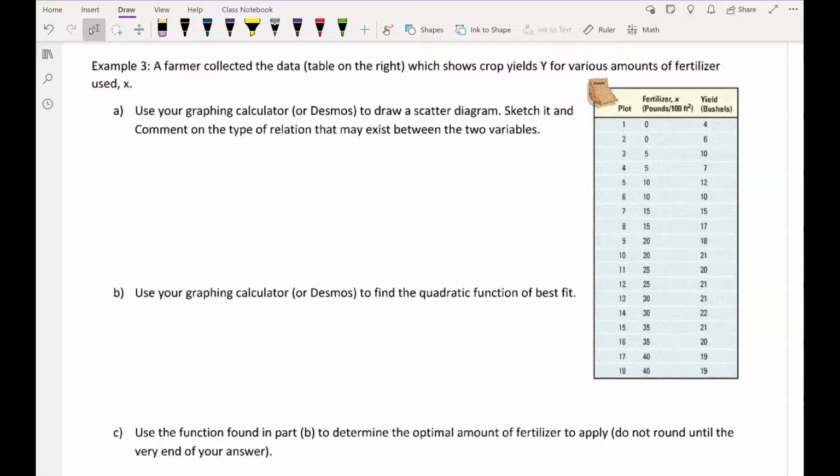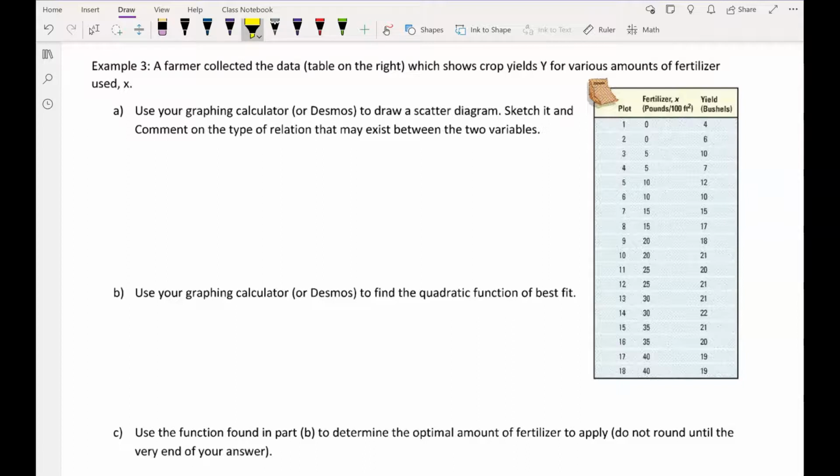Example 3. A farmer collected the data, table on the right, which shows crop yield, which is Y, for various amounts of fertilizer that's used, which is X. In this case, students, it's already telling us which one is the independent and which one is the dependent, okay?